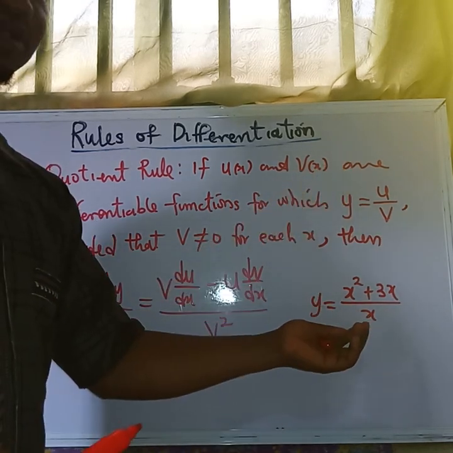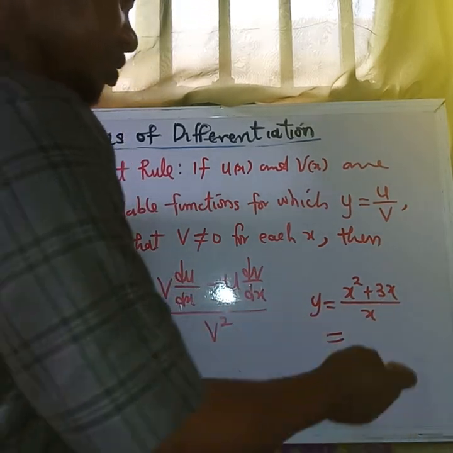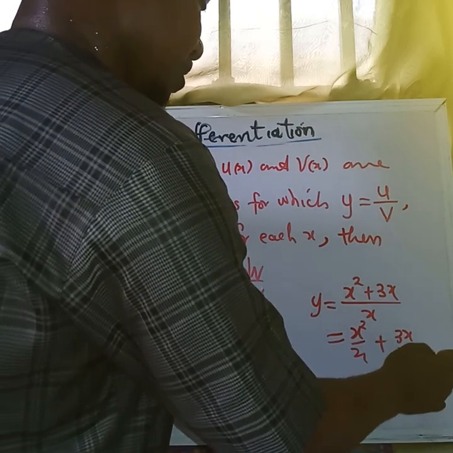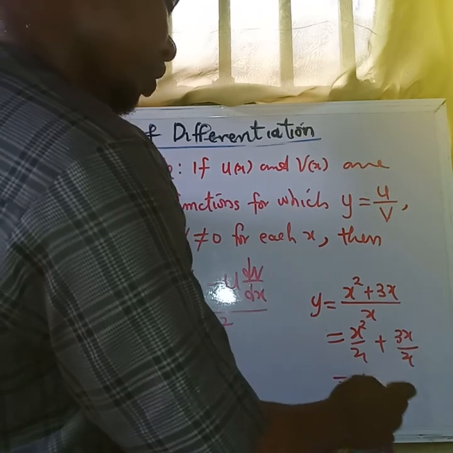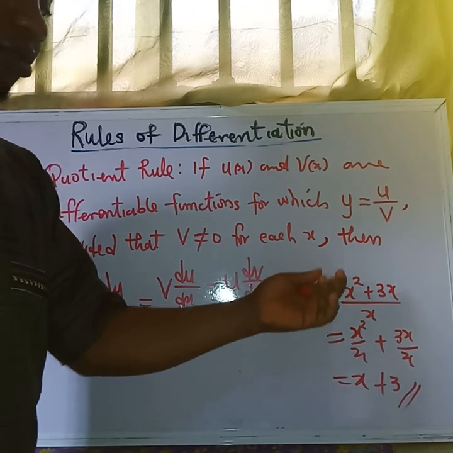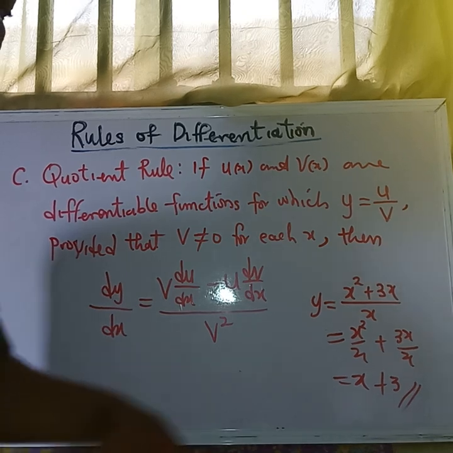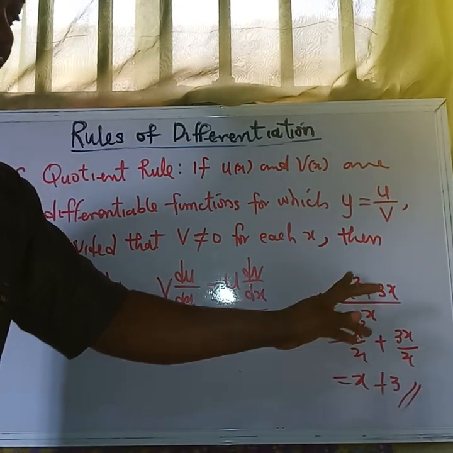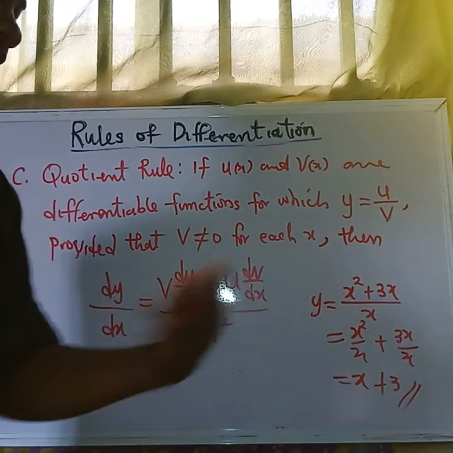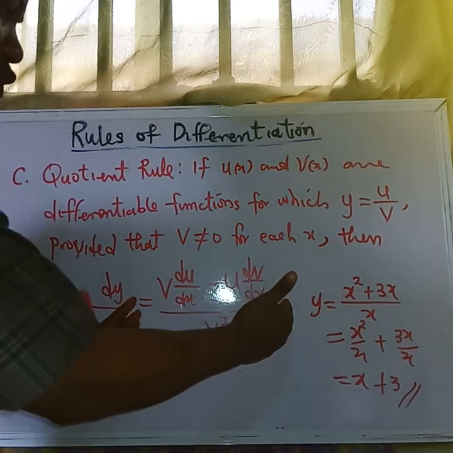We can simply simplify this so that it is x squared over x plus 3x over x, and this will be x plus 3. As you can see, this is a linear function, but the original form makes it look non-well-posed. So we can just apply the sum and difference rule to differentiate this. Let's now see how we get the quotient rule.